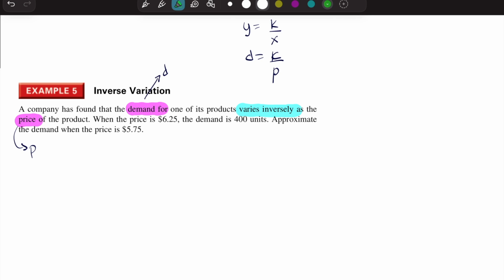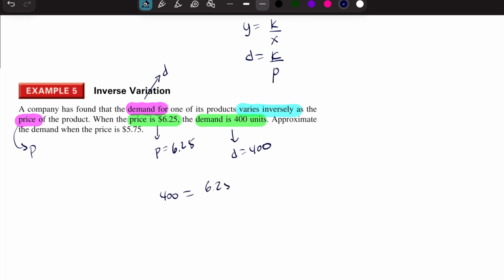Now we're going to use the information they give us, again, to solve for k and actually write out a mathematical model for the situation. So when price is 625, the demand is 400 units. So that just means our P equals 625. The D is 400. Let's go ahead and solve for K. So 400 equals K over 625.